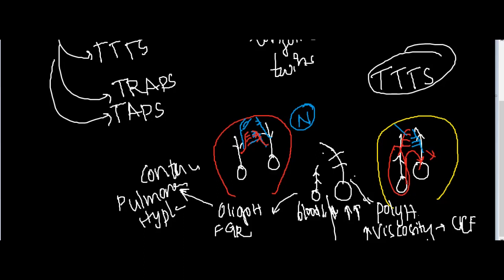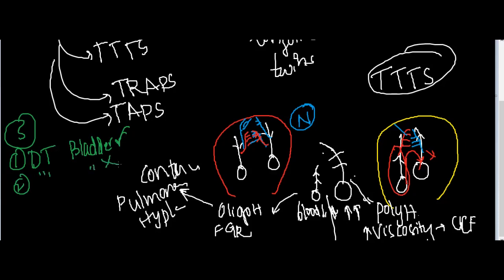Twin to twin transfusion syndrome is mainly divided into 5 stages. In the first stage, the donor twin bladder, that is the urinary bladder, is visible. In the second stage, the donor twin bladder is not visible, but the Doppler is normal.